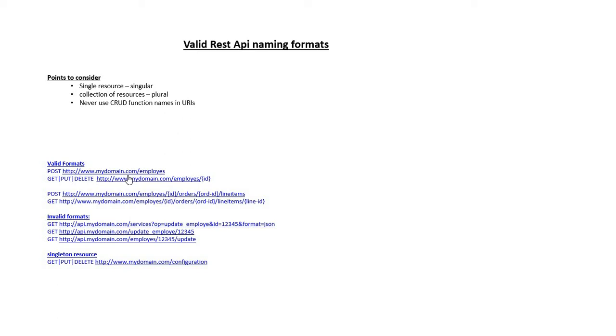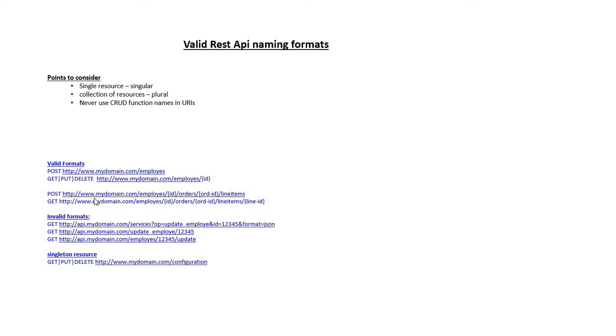So it is better to connect the employees and orders as part of your endpoint URL. The better way is: for the employees, pass the ID of the employee to which the order is going to be created, and for which order you are going to create a line item.